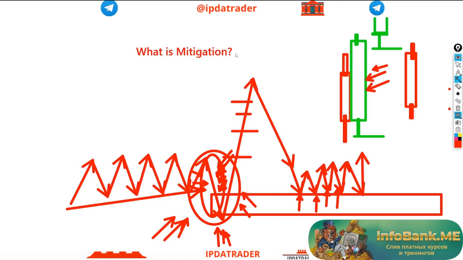Sell positions that were in the negative right here are being closed at this point. As they're returning down and hitting the block, they're closing those out so that they can continue pushing up and making money on the better buys that they got, in peace. Now they don't have a sell position that they need to hold with potential billions of dollars in drawdown. So that is technically mitigation.